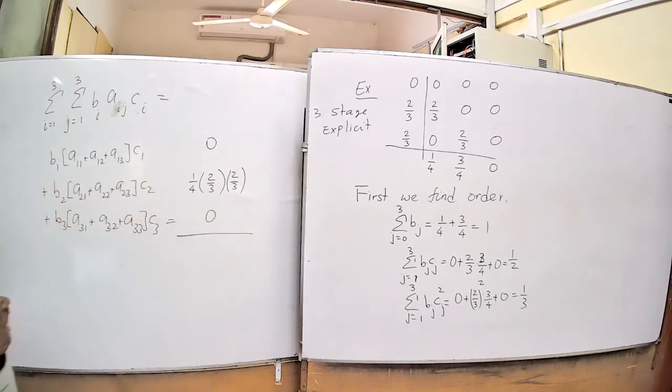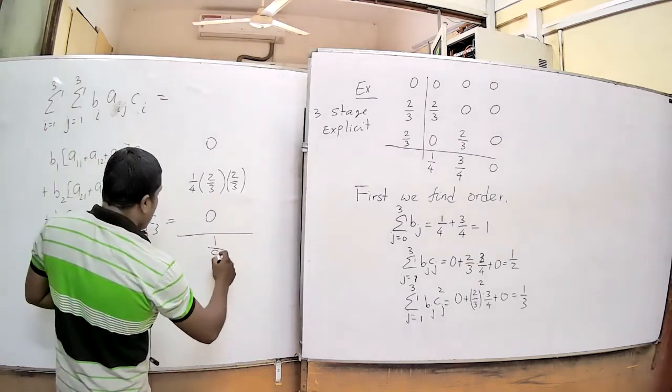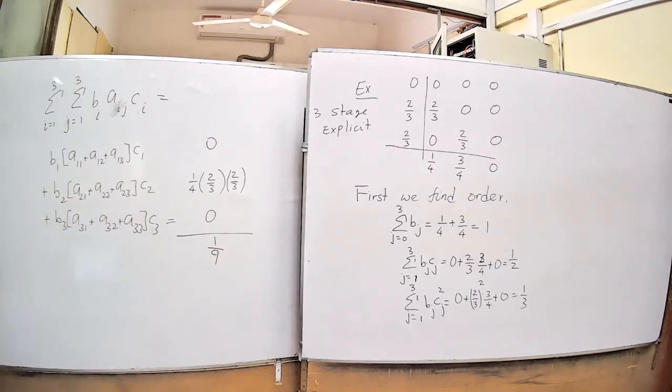So if you multiply this, you get 1/9, right? So this ended up 1 upon 9.